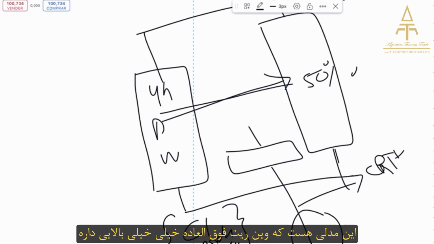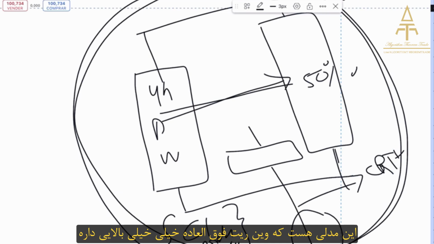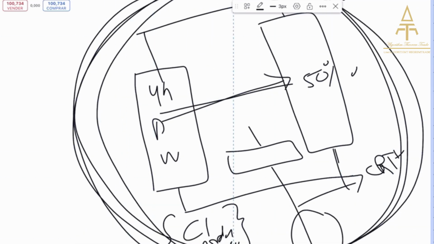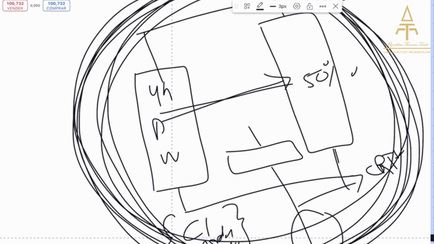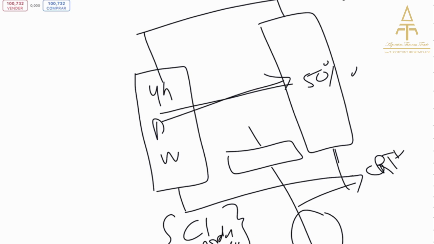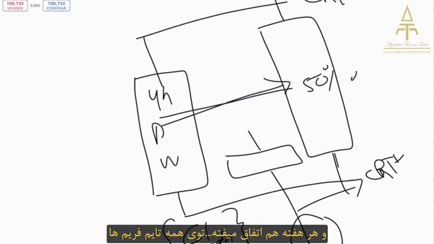This is a model which has an extremely high win rate, and it's enough to build an entire trading career. It's the 50% model. It happens every day, and every single week, on all time frames.